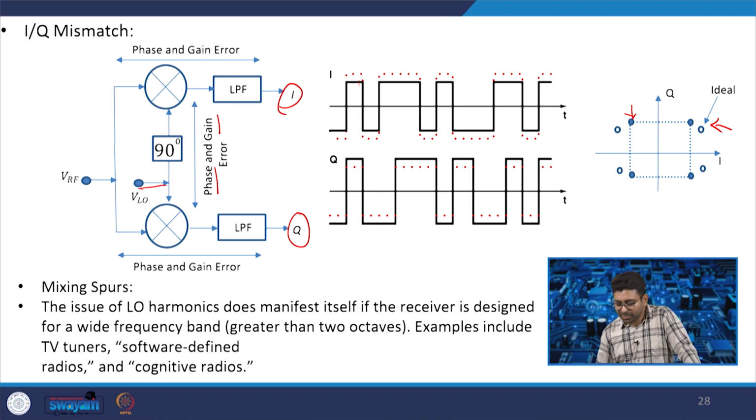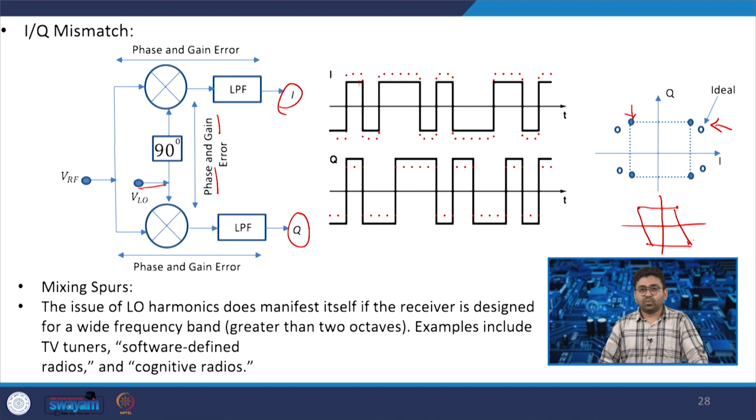If there is a mismatch in the phase, then the constellation will change and look something like this.